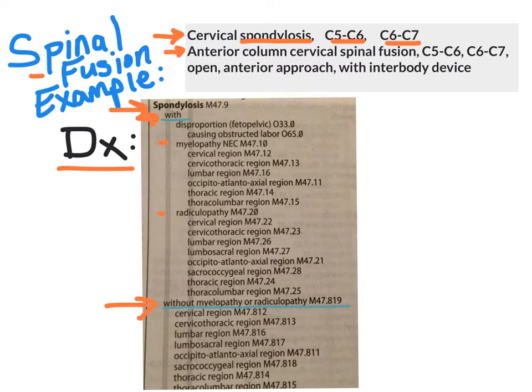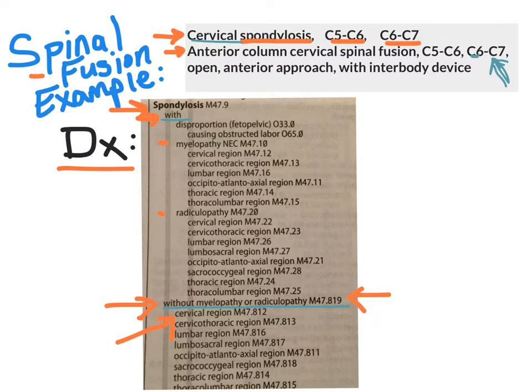So in this case, there is no mention of those other two conditions. So we can go the without route. Then we'll go in one more indentation here to cervical region. We know it's the cervical region because it was documented up here as cervical, but also remember your abbreviations from medical terminology course. That C is referring to cervical vertebrae.